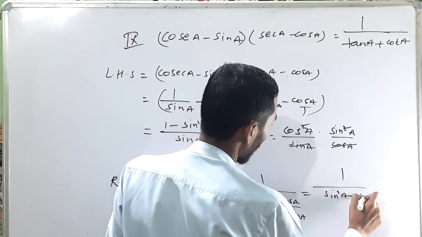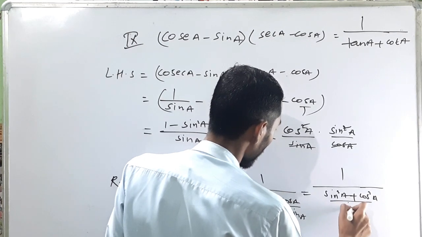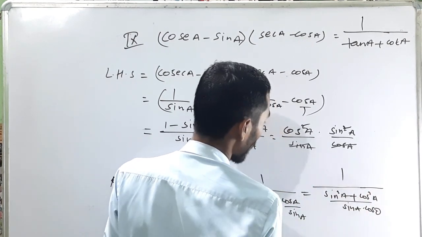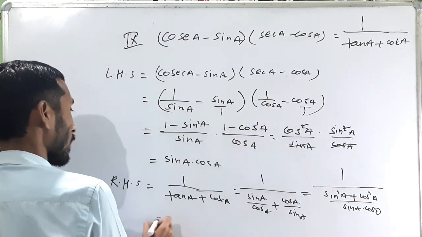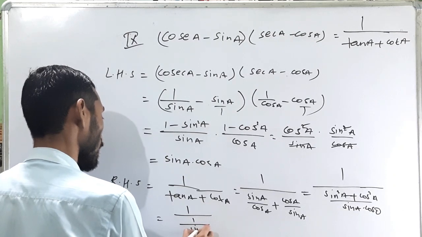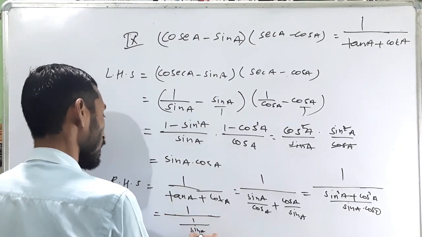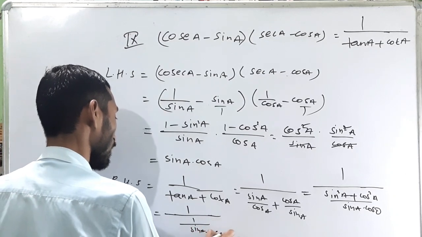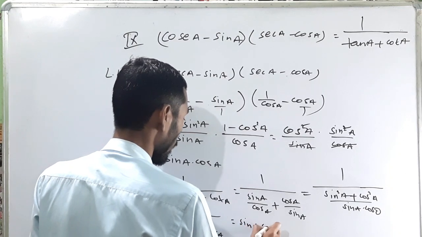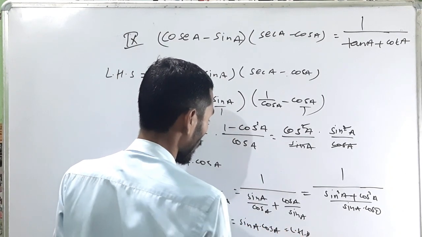Sin square a plus cos square a by sin a into cos a. This is 1. So we can write 1 by sin a into cos a, and it can be written as sin a into cos a, equals LHS. Proved.